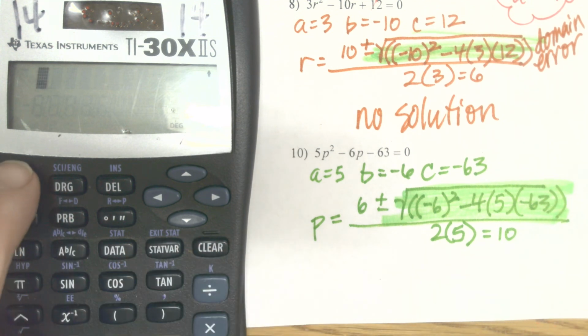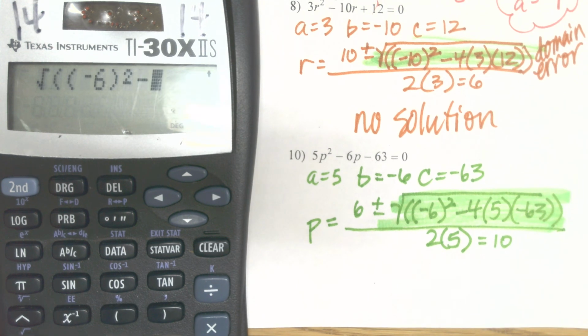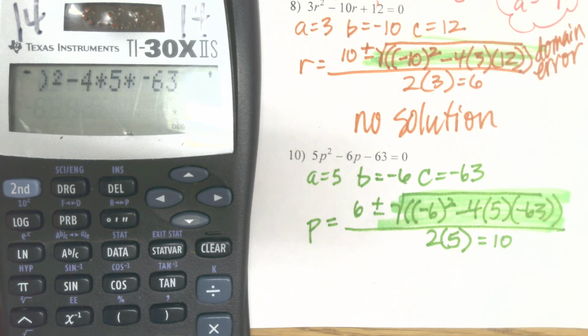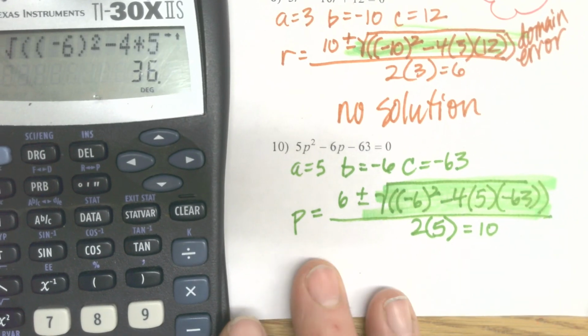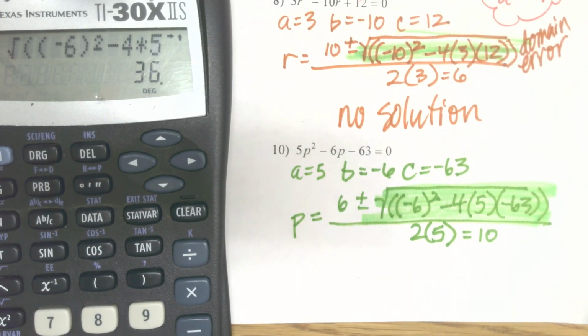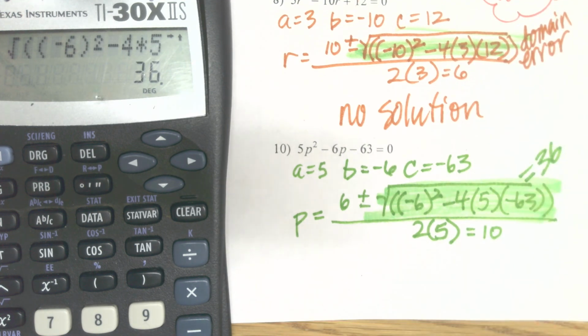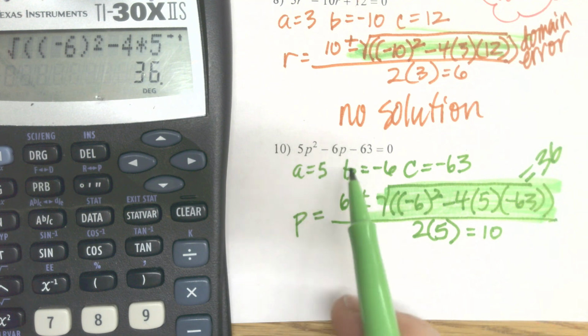So it's second square root, open parenthesis, negative 6, end parenthesis squared, minus 4 times 5 times negative 63, end parenthesis equal. Oh, 36? Is that what you guys got? Okay, yeah, I must have hit something wrong. So 36, this one came out whole, so this must have been factorable.